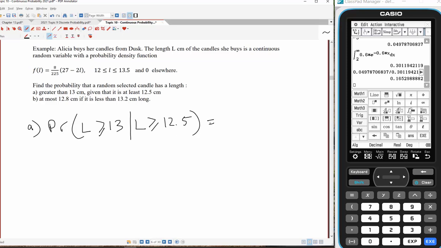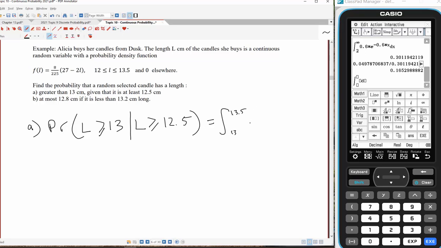Okay, so to do this one, our top terminal is 13.5, and we'll go to 13, f of L dL, divided by this part here, integrate between 13.5 and 12.5, f of L dL. I'm running out of room here. All right, so let's do that on the calc now.